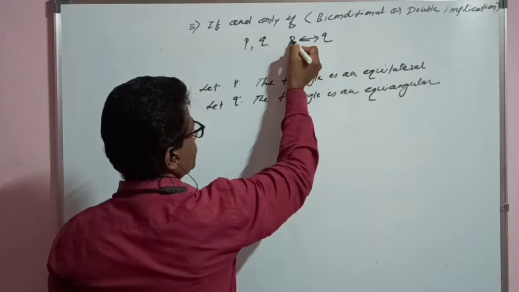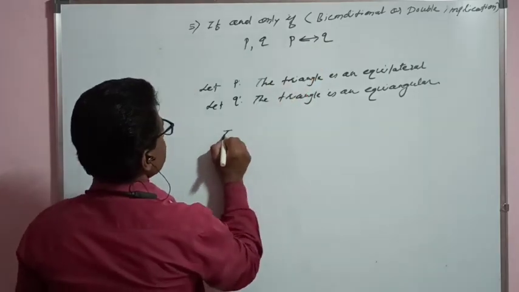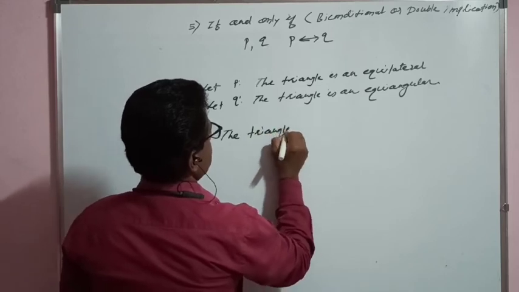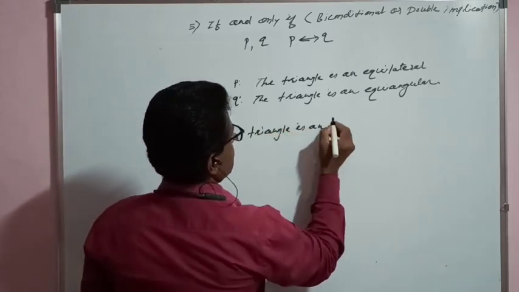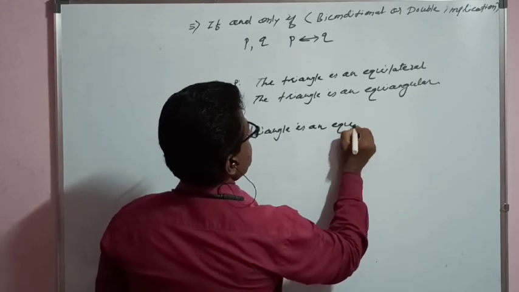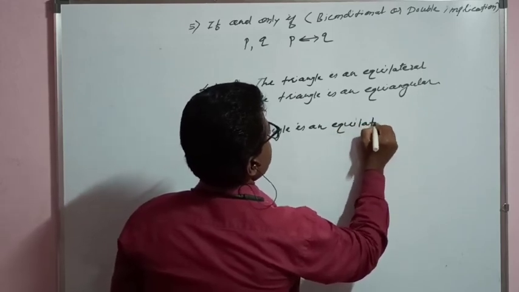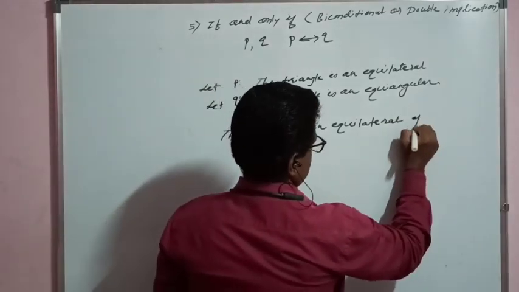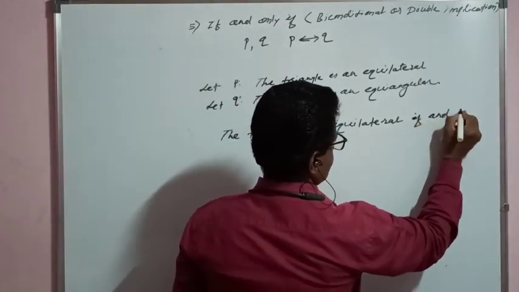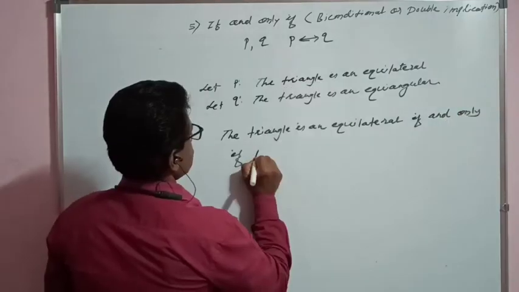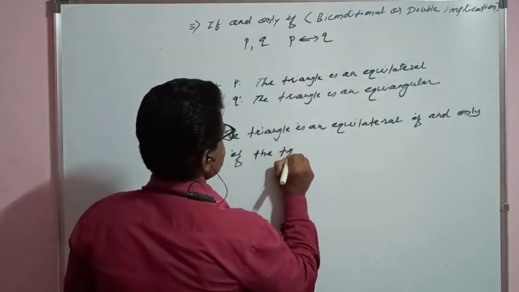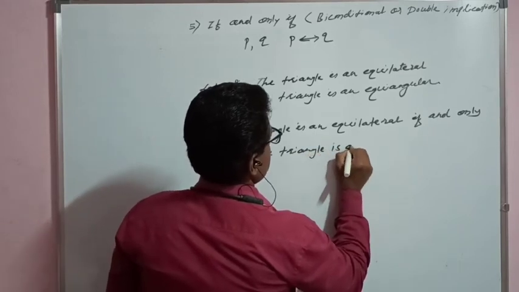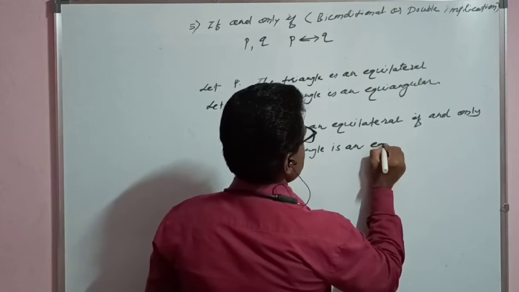First we have to write the statement P. Means what? The triangle is an equilateral if and only if the triangle is an equiangular.